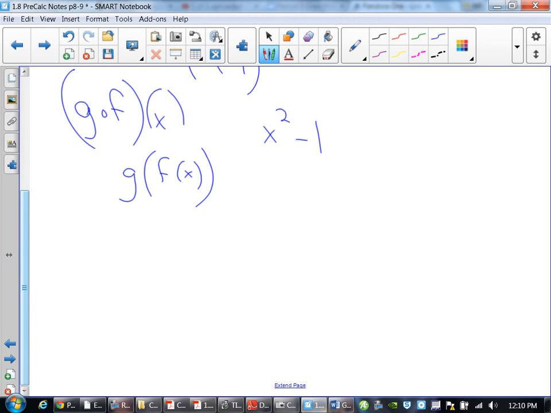You're taking that F of X equation and you're substituting it into the G. They're just writing it differently. So it's still G of X. It's not times though. It's not timesing it. It's a composite of it.